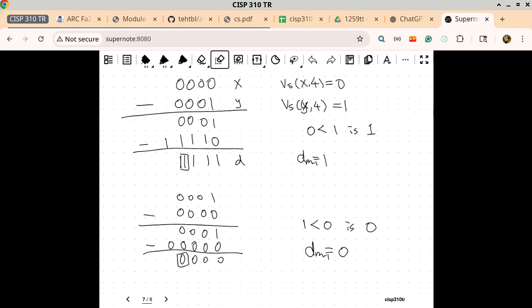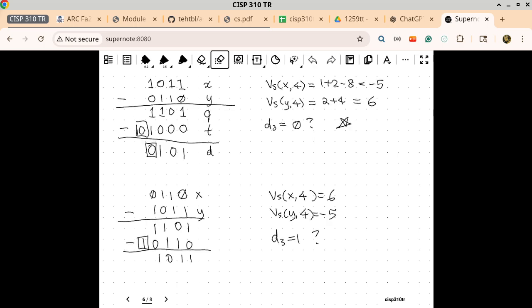Okay. So let's go back to the cases where it did not work. So this is where it did not work. What we want to do in this case is ask, if I look at the signed interpretation of the difference, what is that going to be? In this case it is really quite easy because the most significant bit is a 0.